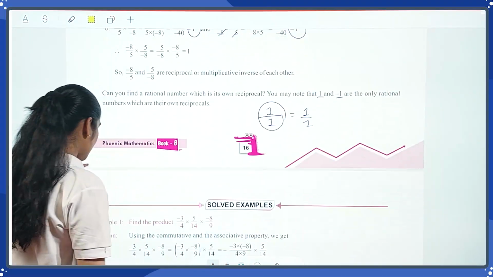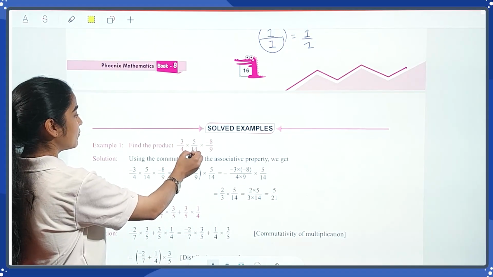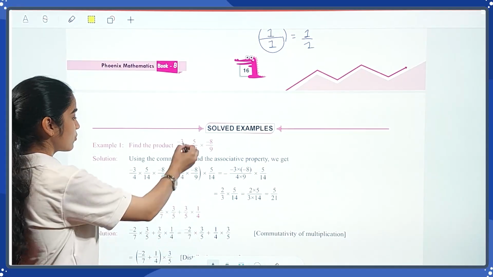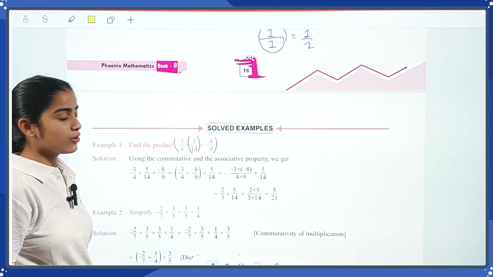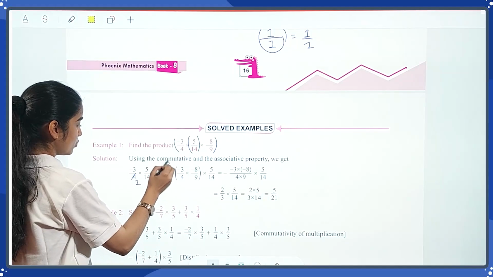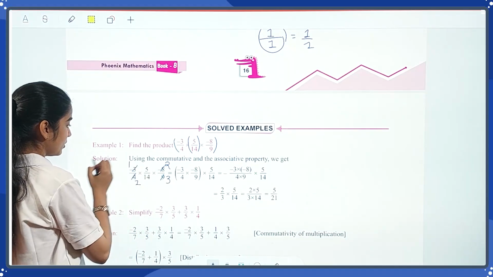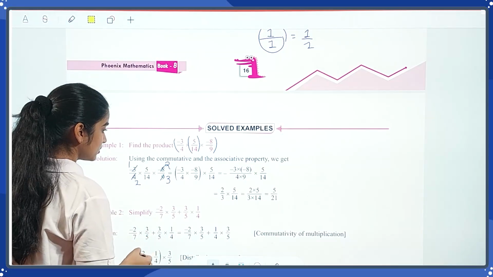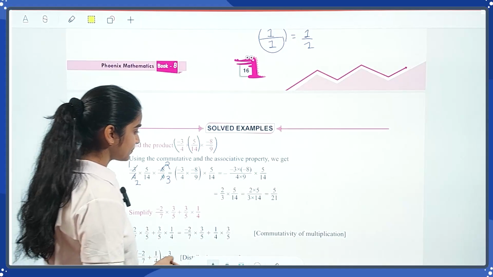Okay. So the second one we have, find the product of minus 3 by 4 multiplied by 5 by 14 multiplied by minus 8 by 9. So you can group it. Okay, first you group these two numbers together or these two numbers together and identify your product. 2 5s are 10 and 14 3s are 42.